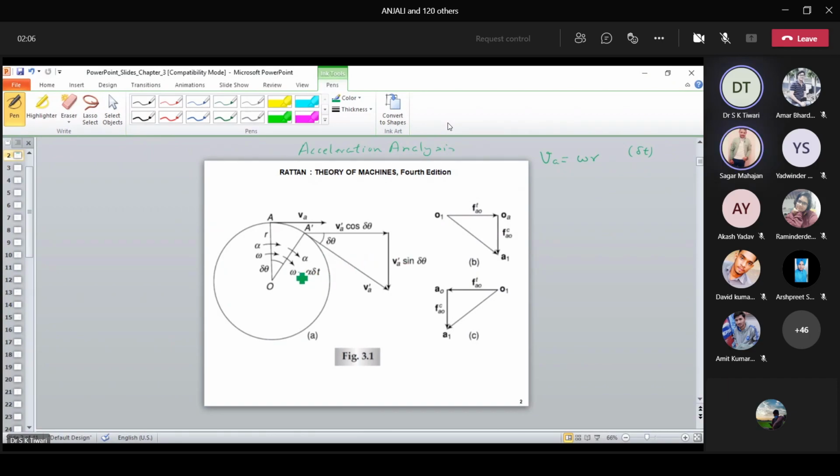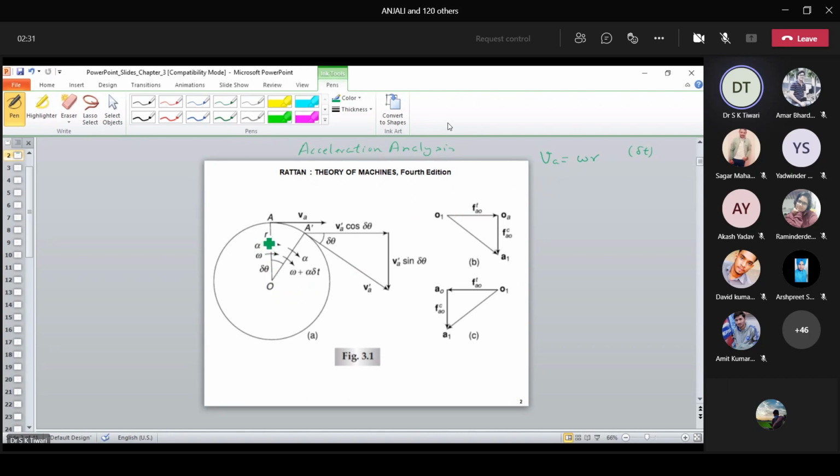Now look, the link is having an instantaneous velocity of omega radians per second, but at the same time, the link is undergoing acceleration in the direction of the angular velocity. It means the speed is bound to increase. Therefore, what will be the angular velocity of OA dash?